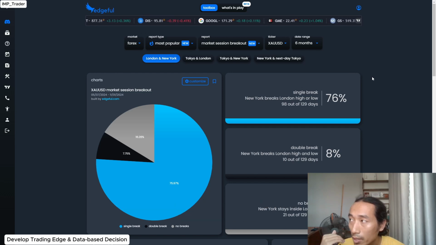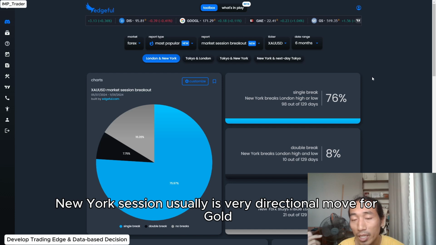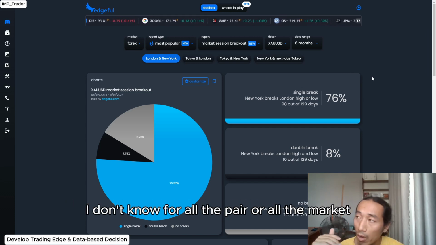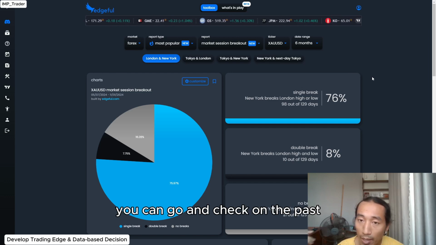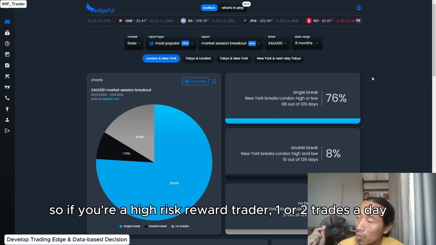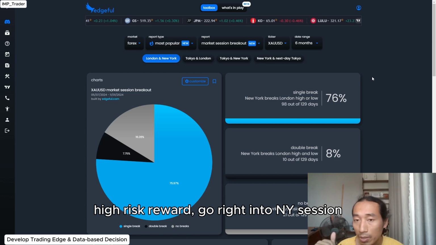Overall, the New York session is usually a very directional move for Gold. I don't know about other pairs or other markets, but for Gold it's very obvious, you can go and check on the past. So if you're a high risk reward trader, taking one or two trades a day, go right to the New York session.